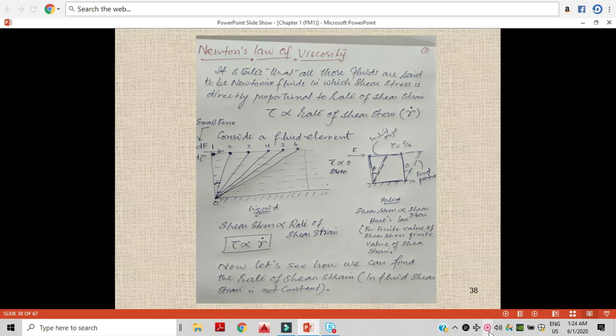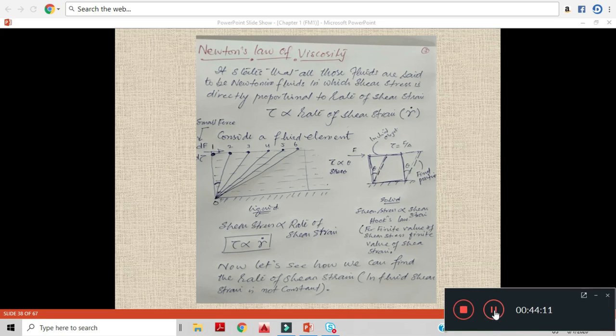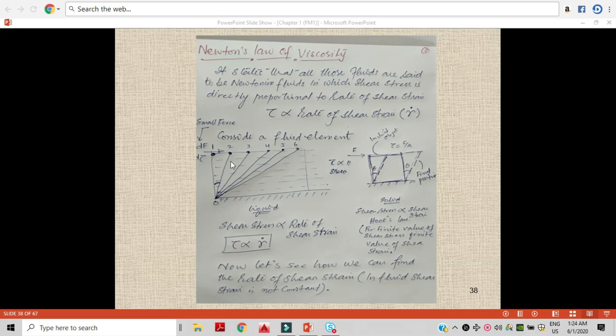Let's see here. Consider a fluid element. In the fluid element we are applying a very small force, dF, on the top surface of the fluid, and because of this small force there is a small shear stress applied on the top of the surface.